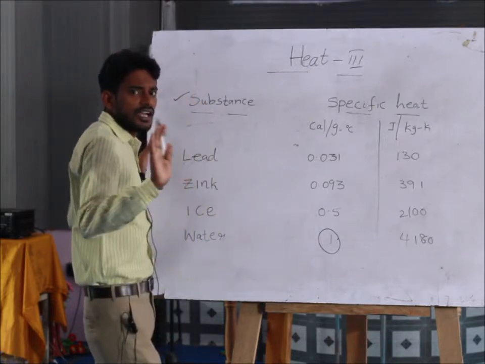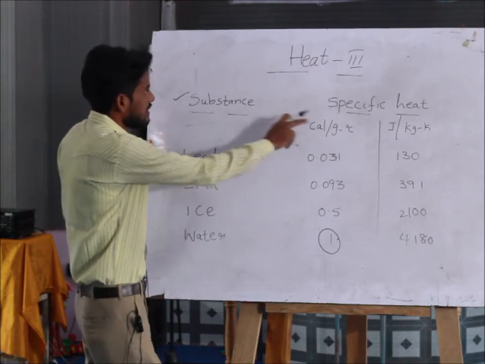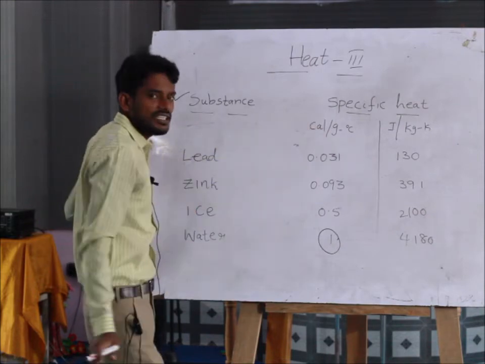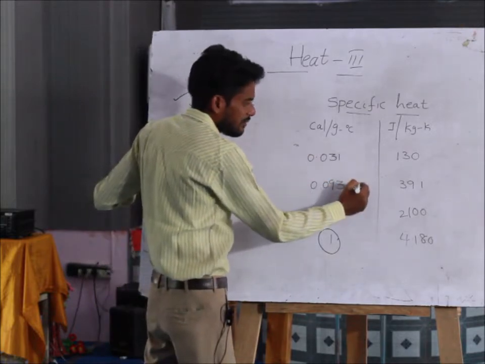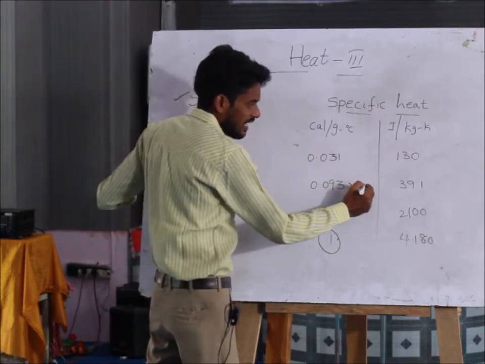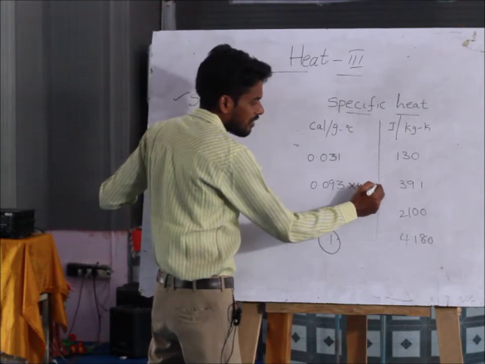So we would not like to learn calorie per gram degree centigrade. No problem, you can convert this value by multiplying by 4.186 or 4.2 into 10 to the power of 3.